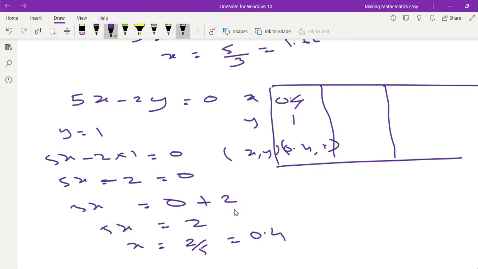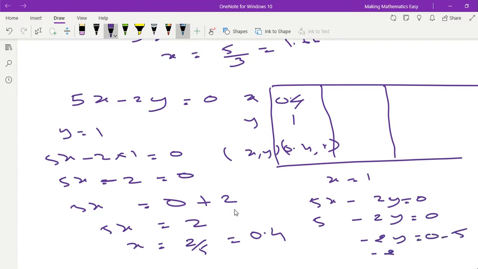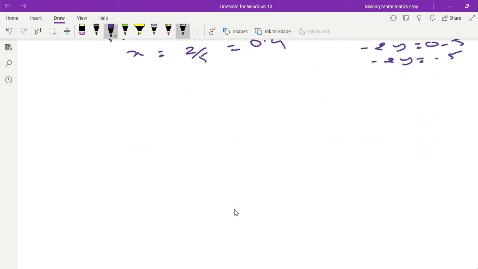Okay, now let's move on to the second. Let's take x as 1 and see what we are getting for the value of y. So this is 5 ones are 5 minus 2y is equal to 0, minus 2y is equal to minus 5, the 5 will become minus over here, minus minus will get cancelled, so what you have is 2y is equal to 5 over here, and when this 2 goes on the right hand side, this will be divided, so this will be 2.5.